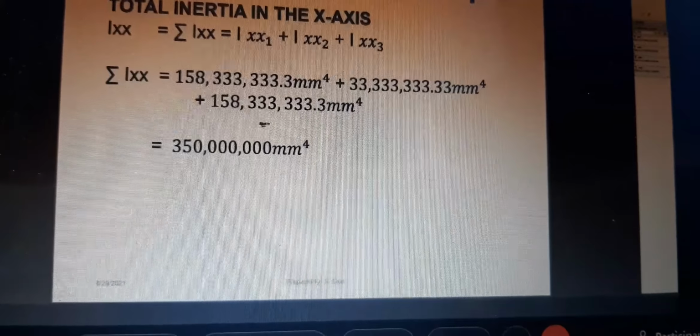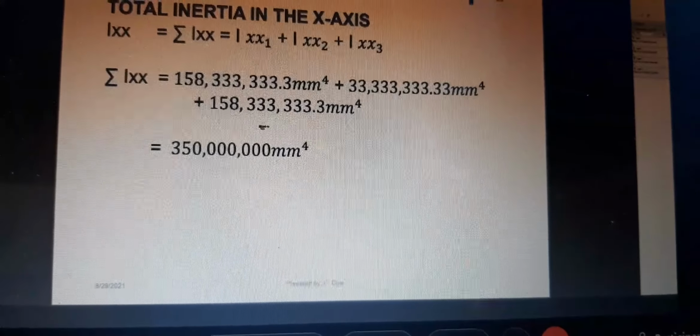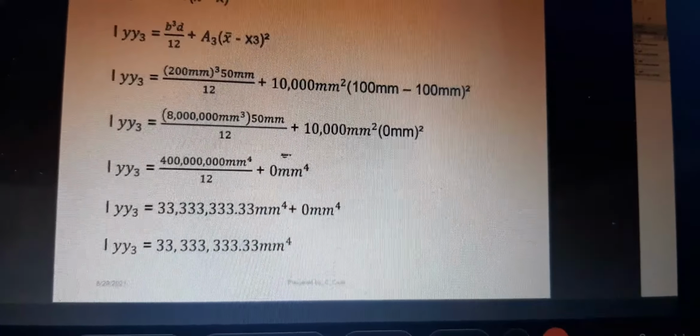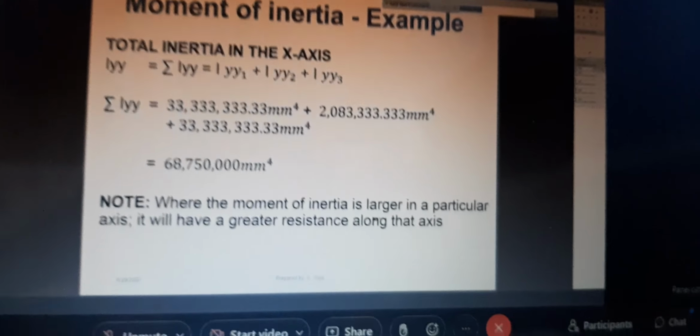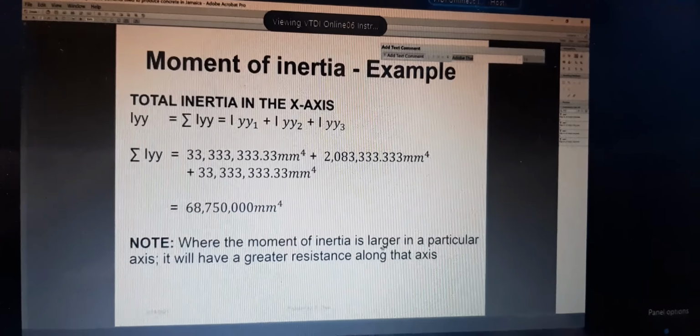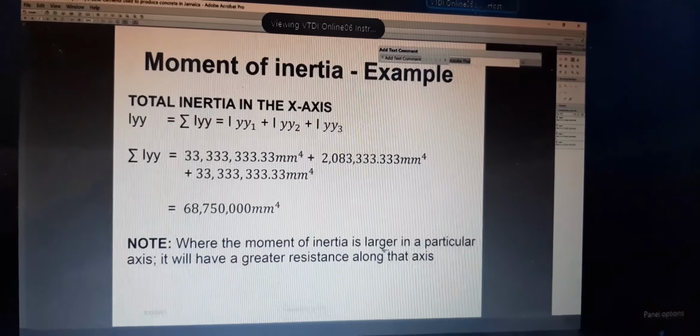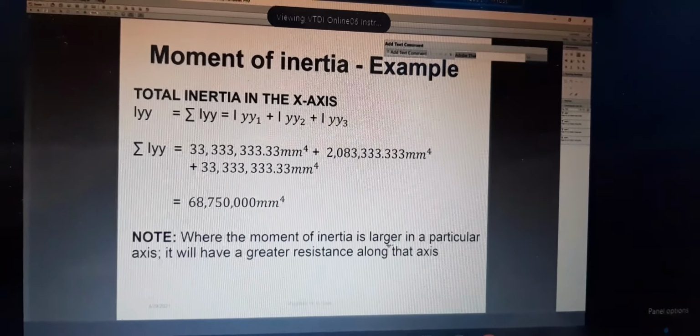You're not finished yet, because you need to now find IYY. One second, let me show you something. After you find everything, this is the note. Remember that where the value is larger, that is the ability of the beam to resist the most bending.